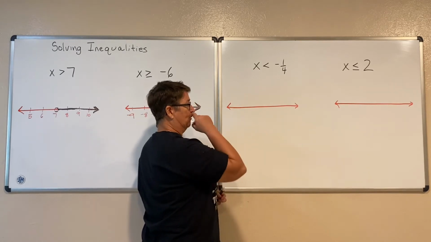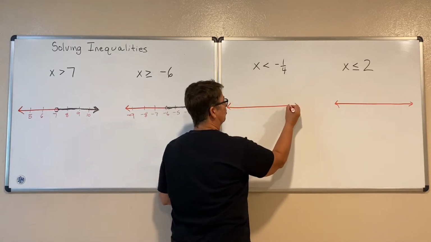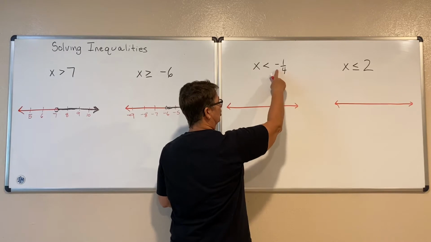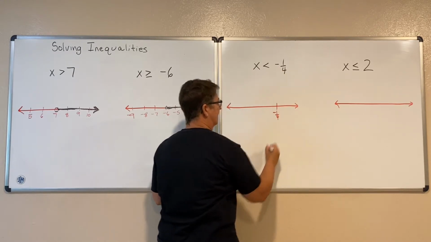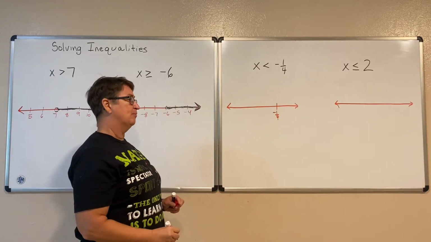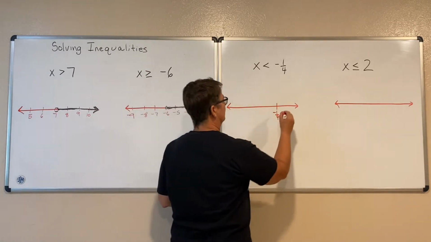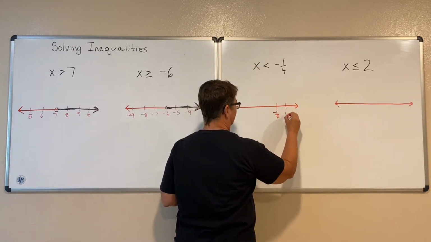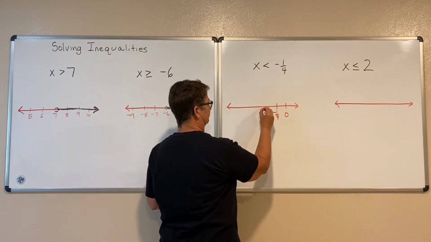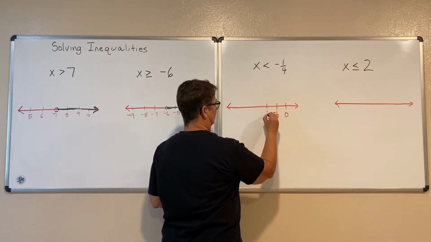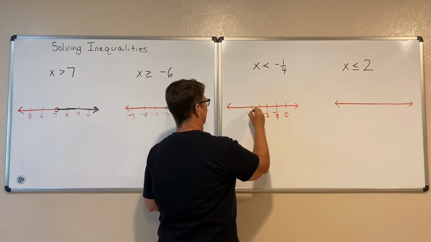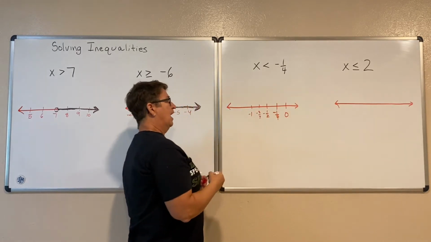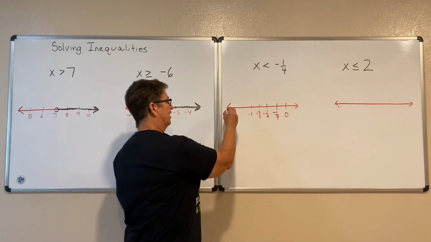On our number line, when we're drawing the solution, what's most important is to put on the number in the sentence. So I need to put -1/4 on my number line. I could put other numbers out there as well, 1/2, -1/2, -3/4, -1.